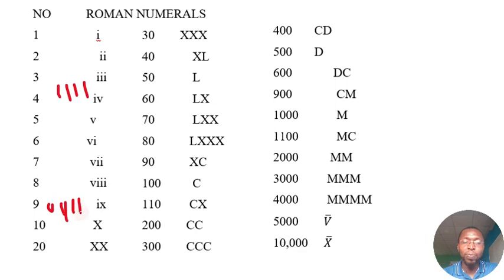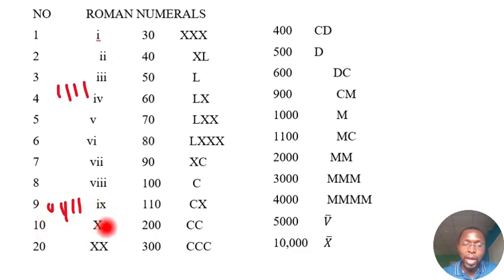No, we don't do that because our letter must not appear more than 3 times consecutively. So to write 9, all you need to do is to subtract 1 from 10. That's why we have IX. That is 10 minus 1, that's 9.